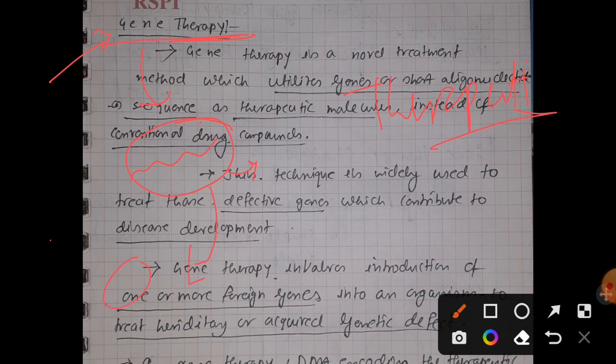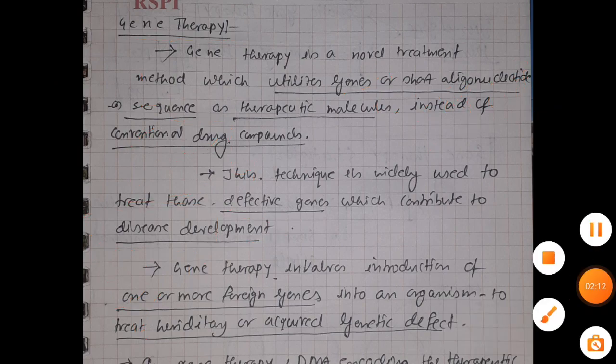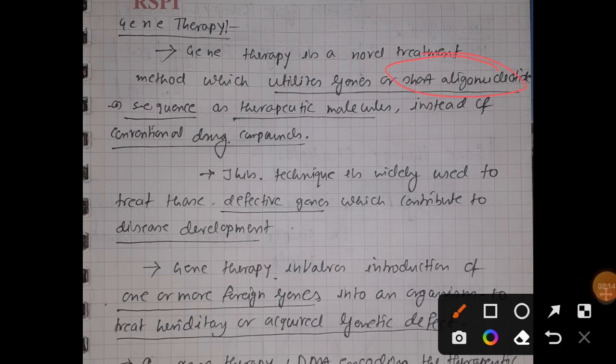Upon insertion inside the body, it will produce a protein that will cure the disease, otherwise it will inhibit or suppress the expression of the gene, or I should say the expression of the disease gene that contributes to the disease development, okay.